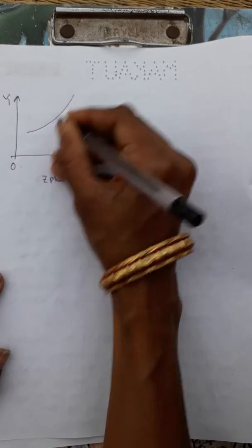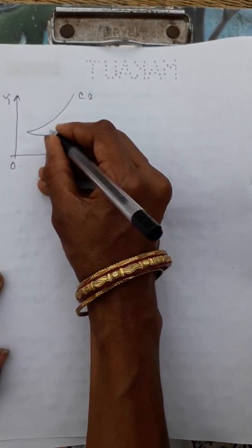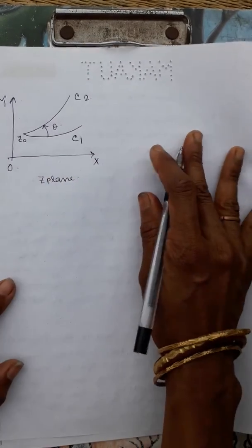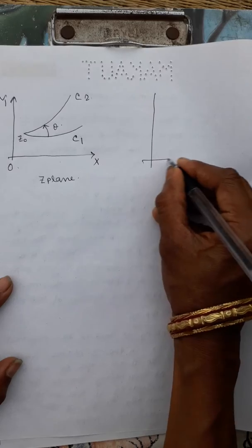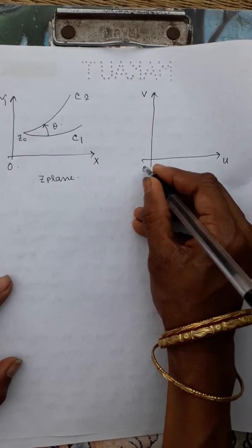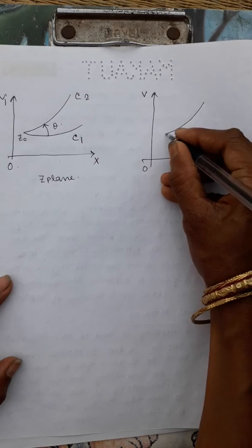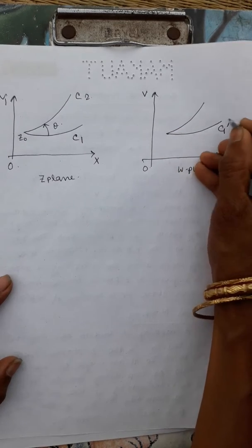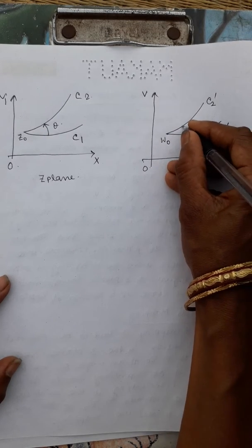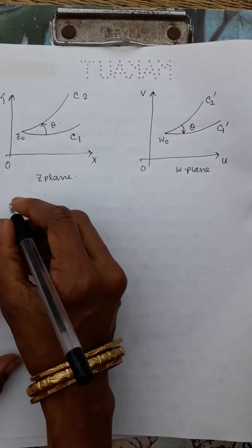Here say C1 and C2 are the two curves which intersect at z0, making an angle theta, and this is uv plane or w plane. Here also two curves C1 dashed and C2 dashed intersect at w0, making the same angle theta. This is called isogonal mapping.